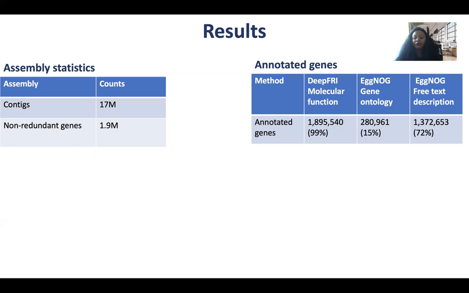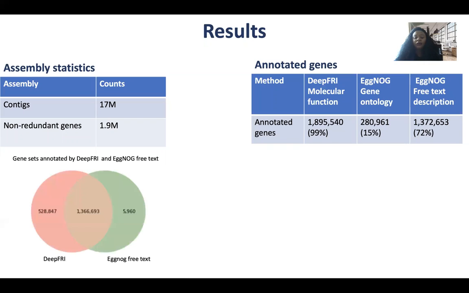And now looking into different gene sets annotated by DeepFRI and eggNOG free text, our results show that roughly 1.3 million genes are shared between DeepFRI and eggNOG free text. And there are around 528,000 genes that are unique to DeepFRI.